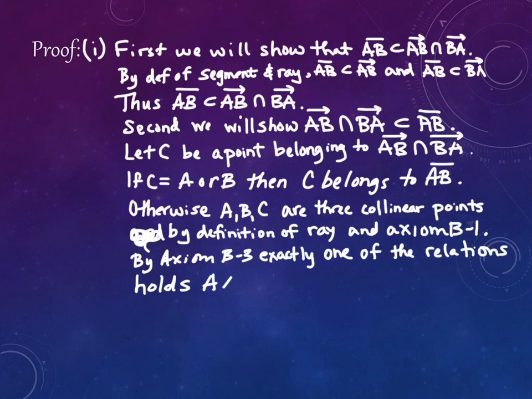Well, it could be that it's A star C star B, right? That's actually where we're going to end up. That's our anticipation. If we could get to that point, that that's the one that's true, we'd be done. Or we could have A star B star C, right? B is actually between them. C comes after B. Or what's the third one?